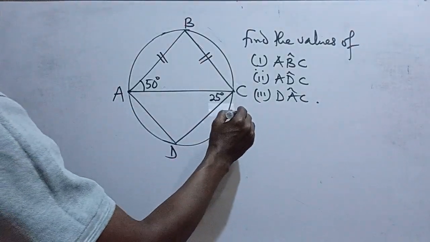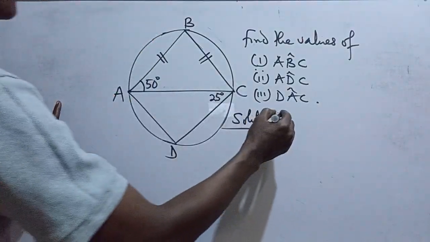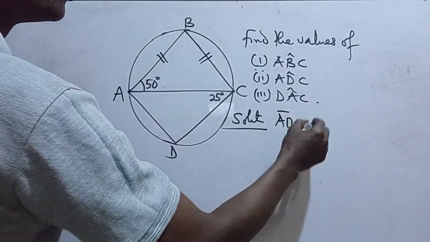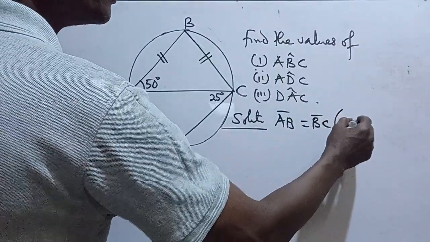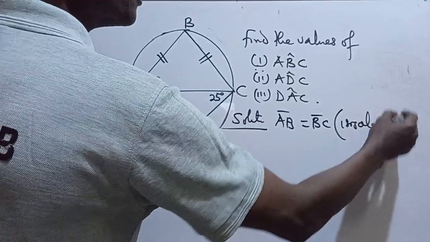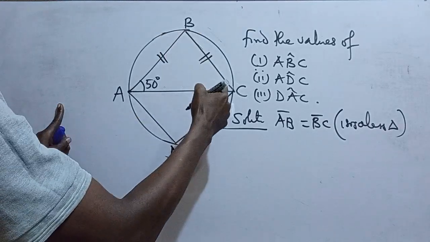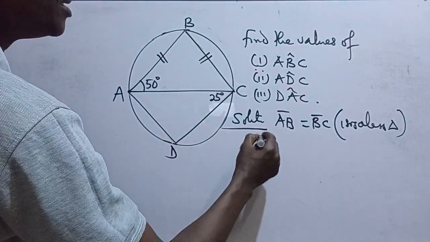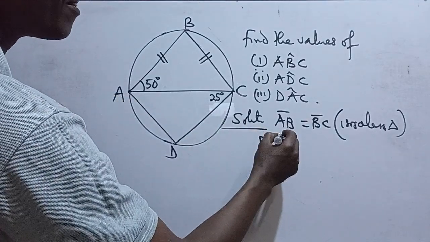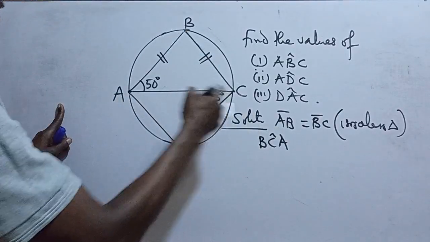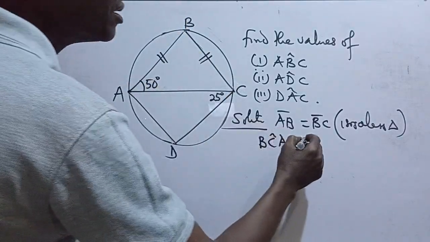So we can start by saying that AB is equal to BC. Line AB is equal to BC. Reason: isosceles triangle. Now that is clear. AB is equal to BC. So if that happens, it means that angle BCA, that is BCA, not BCD, is going to be 50 degrees.